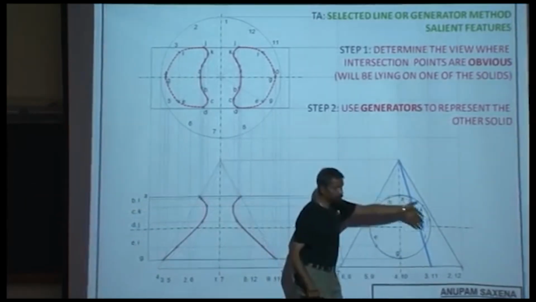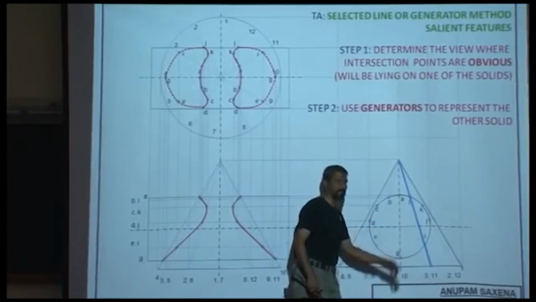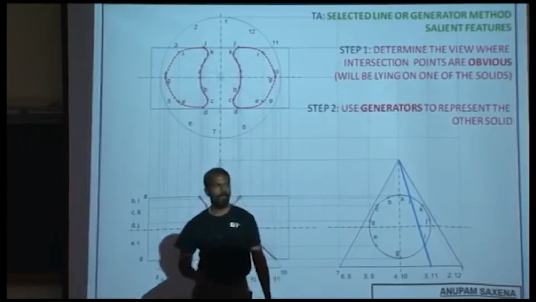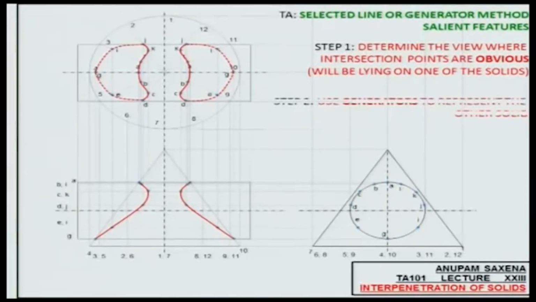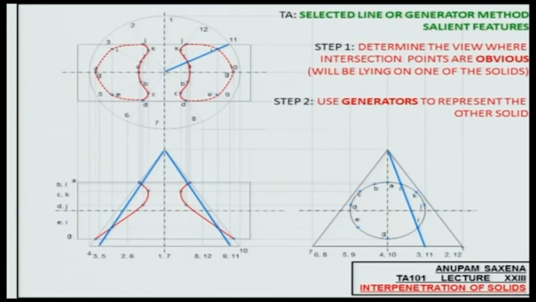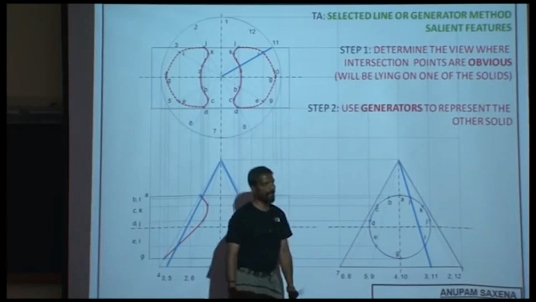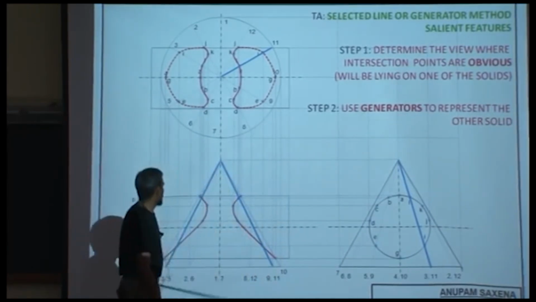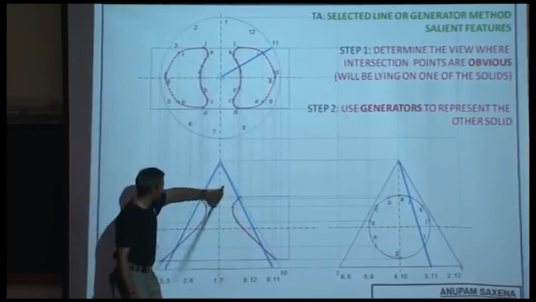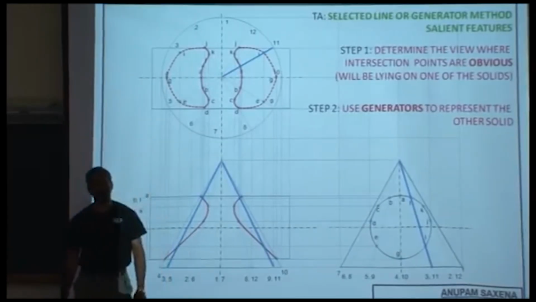The best way to visualize this in the front view is this. This is the first line, line 11, and this is the second line, line number 3. So this line on the slant surface of the cone in fact represents two lines in the front view.